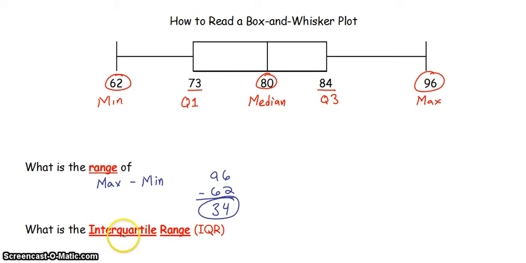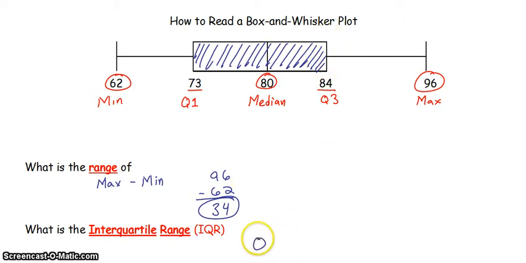Interquartile range is slightly different. In this case, I'm not taking the max minus the min. I want to know in the interquartiles what the range is. The interquartile is our box up here. So we're looking just for the range of that information. So in this case, I'm going to take Q3 and subtract Q1.